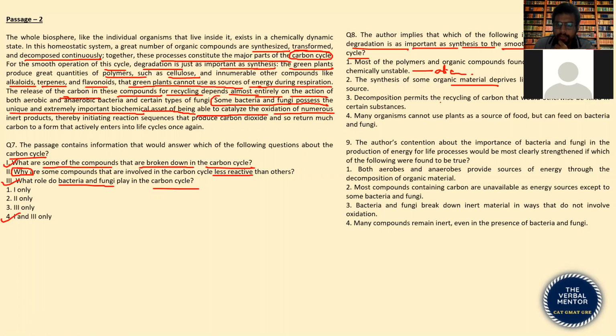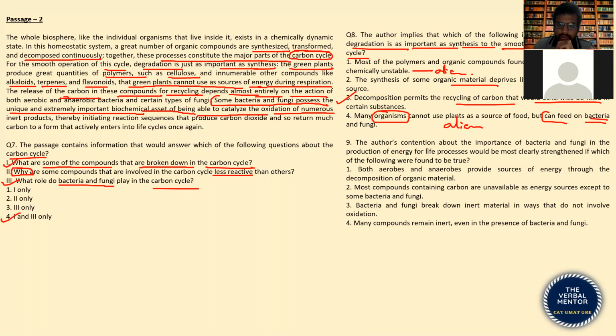The decomposition permits the recycling of carbon that would otherwise be fixed in certain substances. Absolutely correct. This is what we're looking for. Option 3 is the correct answer. Many organisms cannot use plants as a source of food, but can feed on bacteria. The relationship between other organisms and bacteria is not present in the passage. It's not given. So alien idea again.